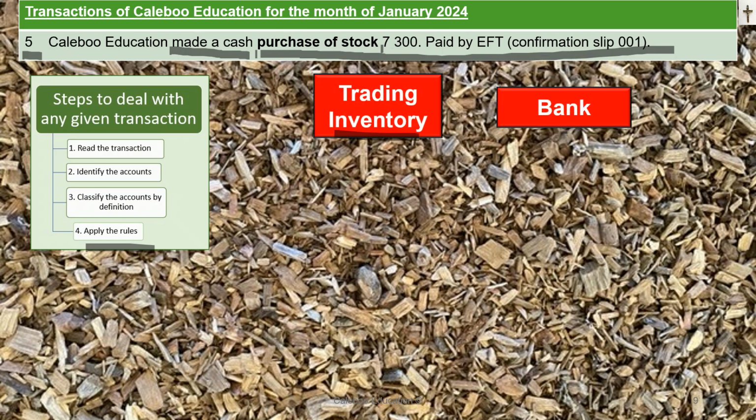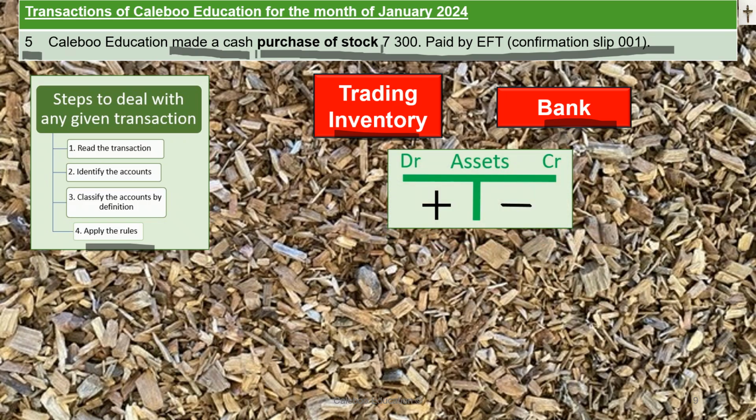Now, trading inventory, the value of the trading inventory that we own has increased, but at the same time our bank balance has decreased. These are both assets. Trading inventory, increase in the value of asset, bank balance, decrease in the value of assets.